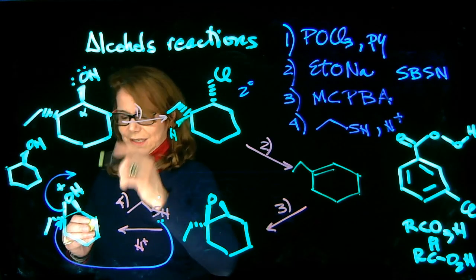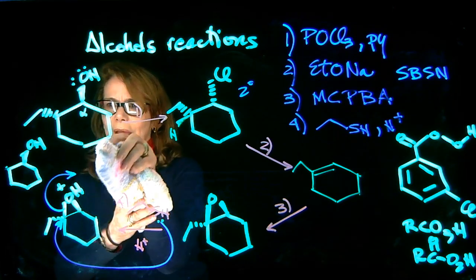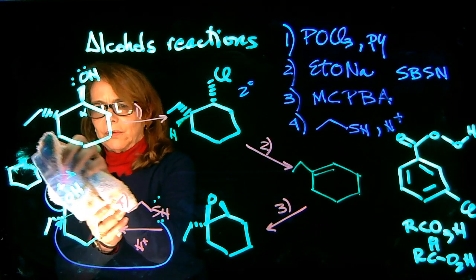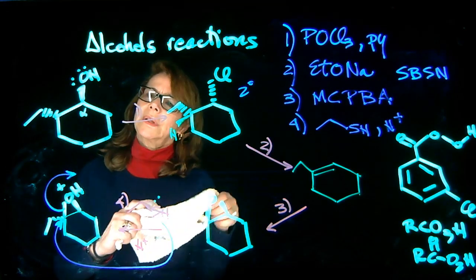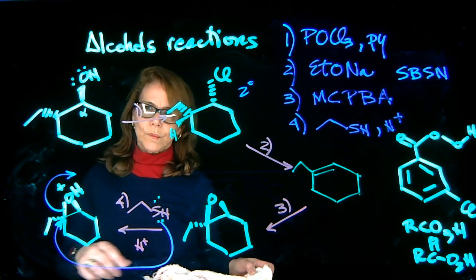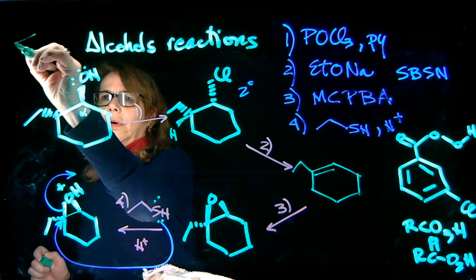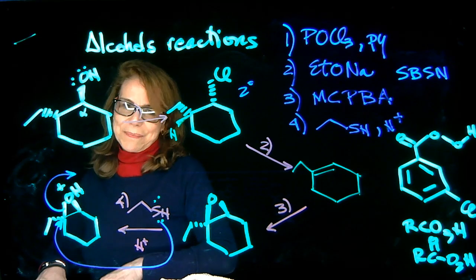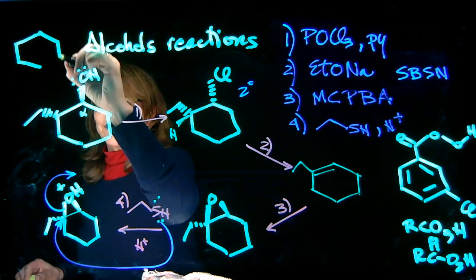I'm gonna erase this because I don't have enough room. So from that drawing, I'm gonna modify the drawing on the top. Well, that's not a good idea because I want to keep my molecule here in mind, but I'm gonna draw it on the top. I don't want to keep the whole sequence on the board. That's what I want to do.